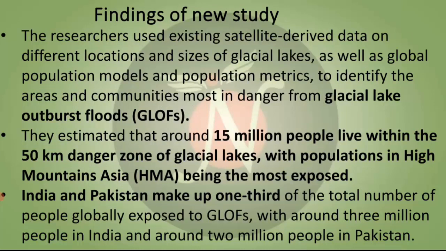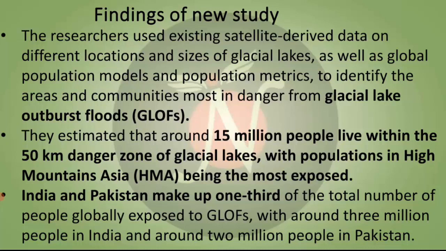Now, what are the findings of the new study? The researchers used existing satellite-derived data on the locations and sizes of glacial lakes, as well as global population models and pollution metrics, to identify the areas and communities most in danger from glacial lake outburst floods.